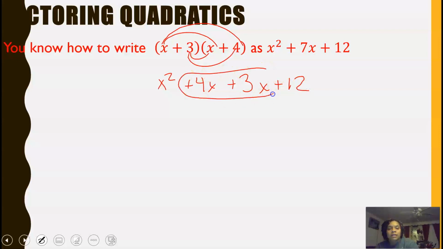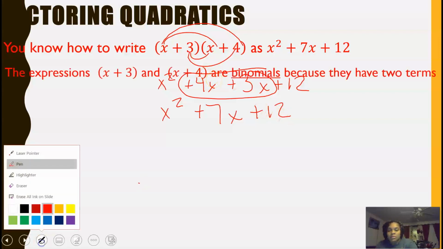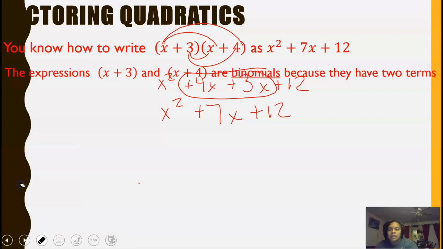And when you combine your like terms, you get x squared plus 7x plus 12. And that's why this here equals 7. So just a quick refresher for some of you that may have gotten lost, because that had to do with a previous lesson.